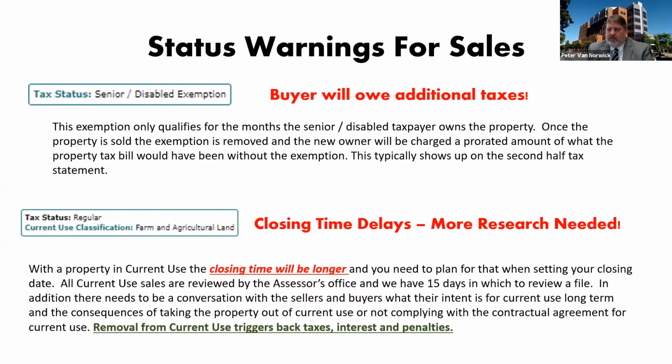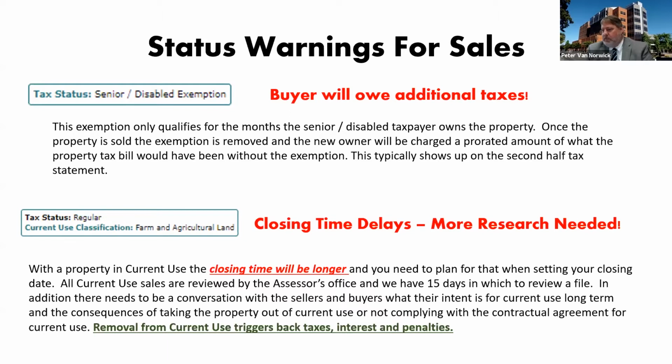Or your seller, if they're interested in paying those back taxes if someone doesn't want it, or exactly how this is going to operate during the transaction. Because when it comes out of current use, people have to pay oftentimes back taxes, interest, plus penalty. And so, a lot of times that can be significant.